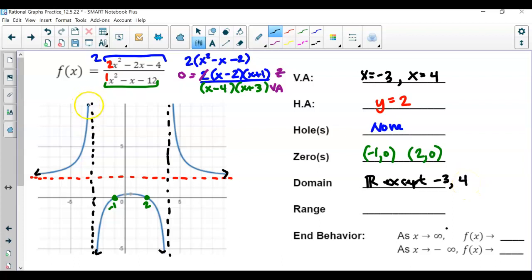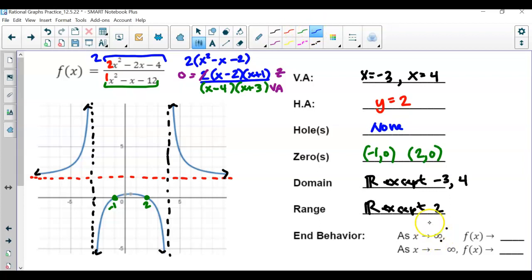Now our range is constantly above and below. Again, it's separated here by, so it's all reals except for 2, the asymptote.